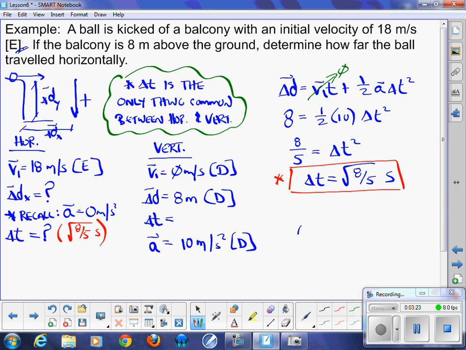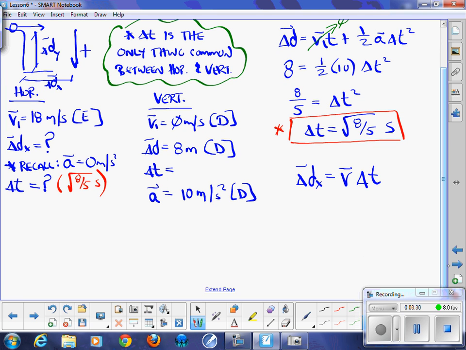Now I can go ahead and use the horizontal information here. Because I am looking for dx, I know the launch velocity was 18 meters per second, and I know the time was root 8/5. So my final answer, and again, if you want to calculate it down to a decimal, you can, but that is my final answer, 18 times root 8/5.